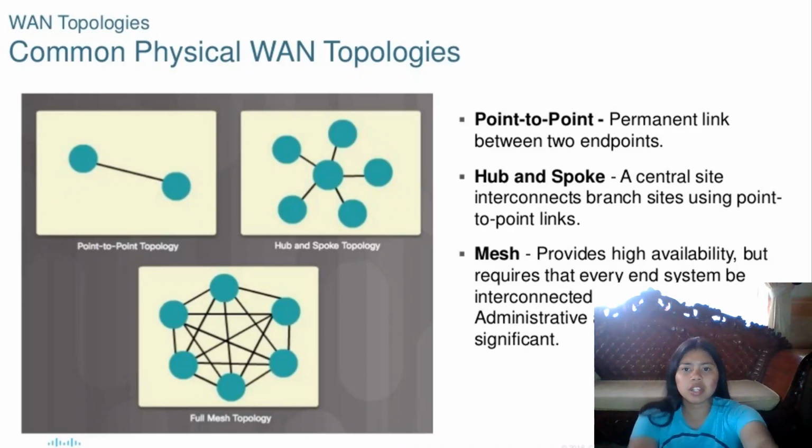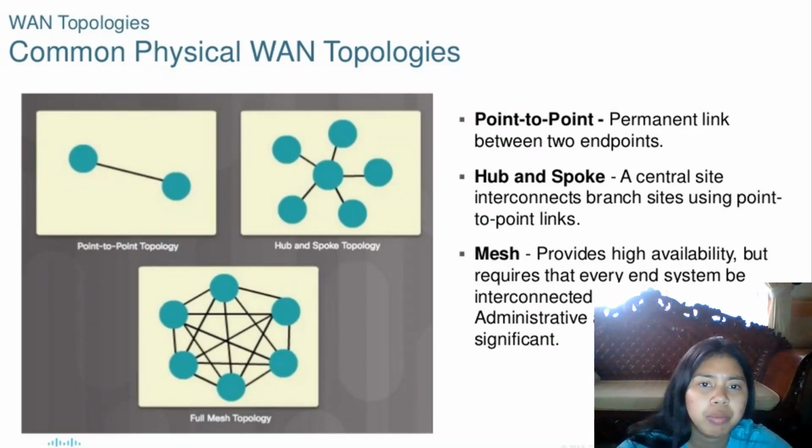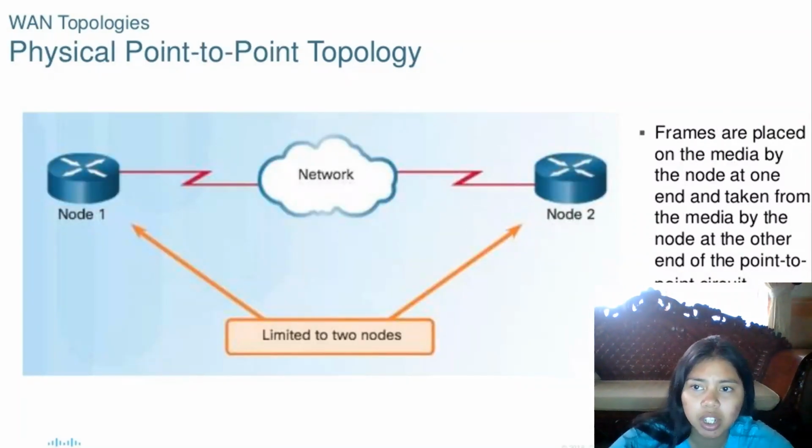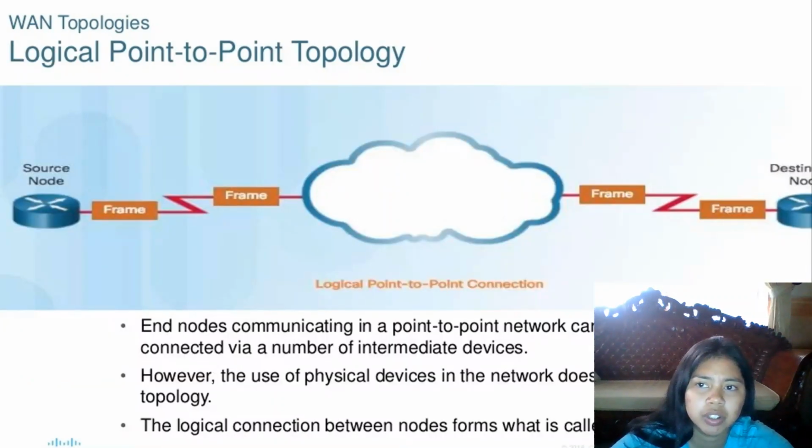The common physical WAN topologies: point to point, a permanent link between two endpoints; hub and spoke, where a central site interconnects branch sites using point-to-point links; and mesh. Physical point-to-point topology: node 1 and node 2 meet on the network.